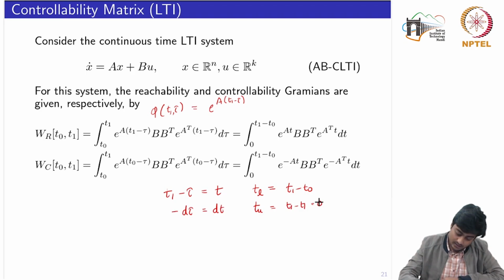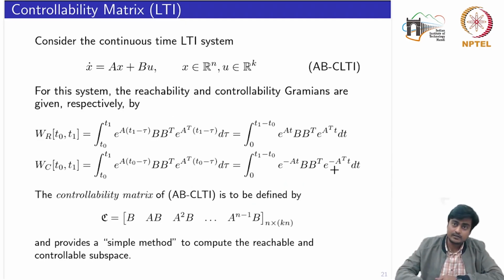So it would go from t1 minus t0 to 0 with a negative sign because of this part. Replacing that negative sign, we just swap the lower and the upper limit, from 0 to t1 minus t0. Similarly we have done here, so that we could compactly write the integrand e to the power At B and its transpose, and similarly e to the power minus At B and its transpose.